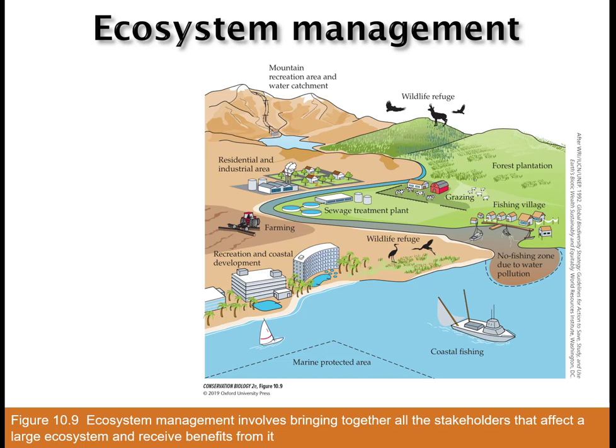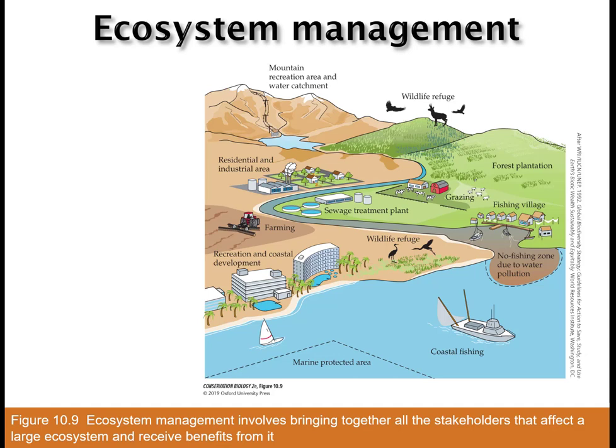So ecosystem management is another practice that we can talk about for large-scale management of ecosystems in this human footprint environment. And so what ecosystem management involves is bringing together stakeholders, farming, industrial developments, conservation organizations, and all those groups that affect a large ecosystem and receive some benefit from it.